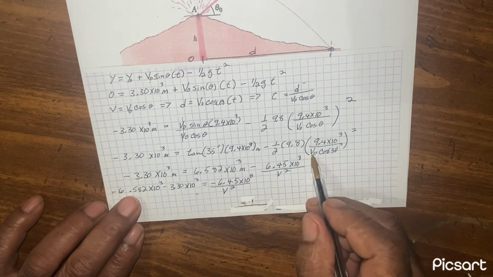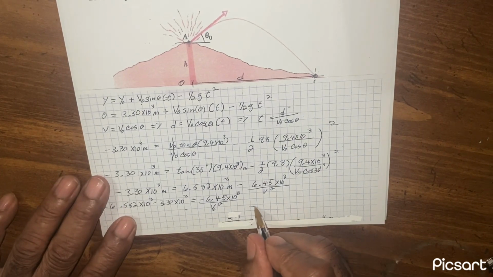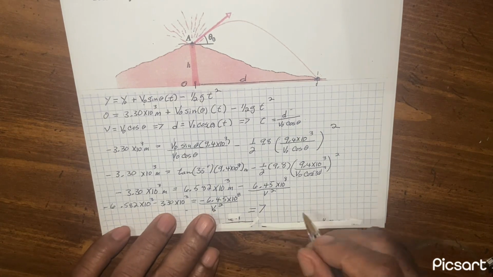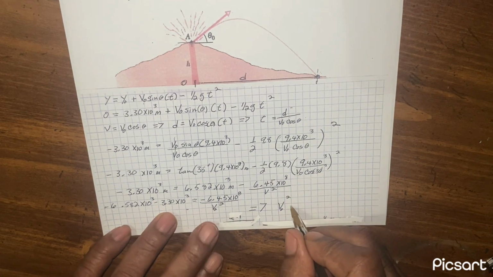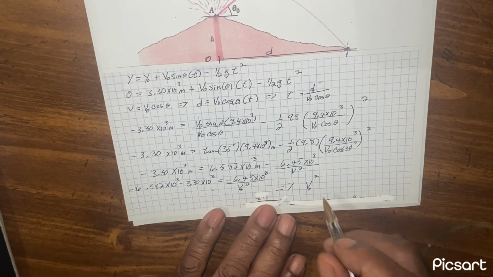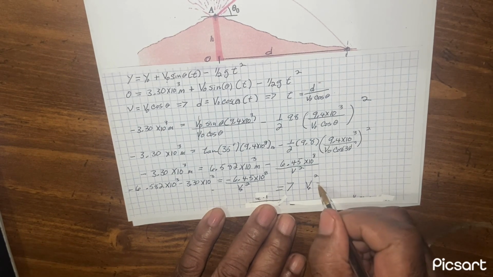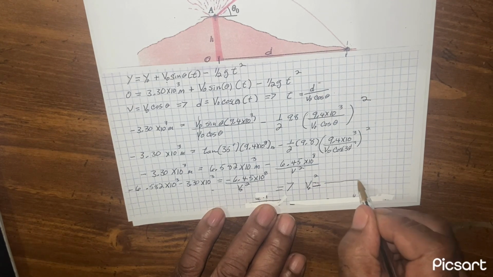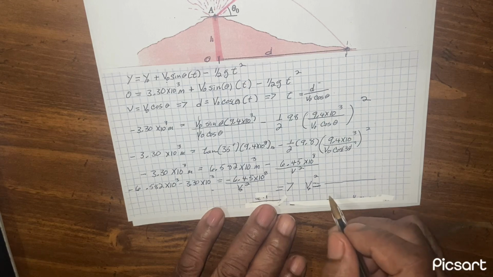We got that v sub o squared. This goes to v sub o squared, which would be v sub o squared is going to equal this up here and this sum down here.